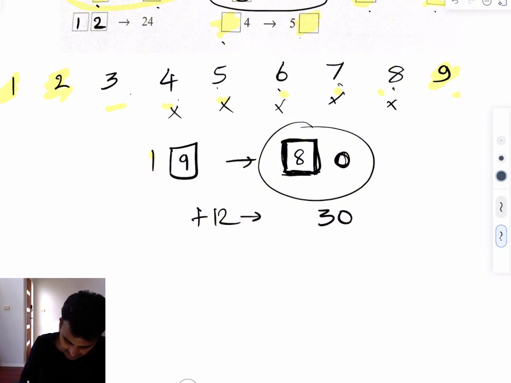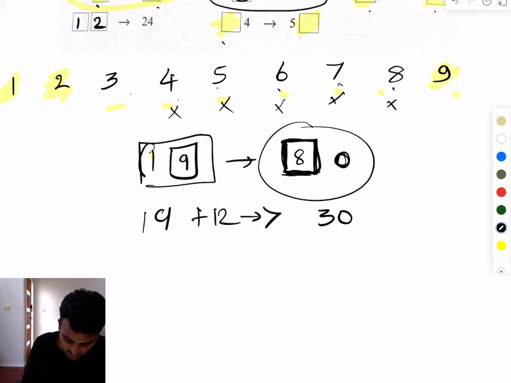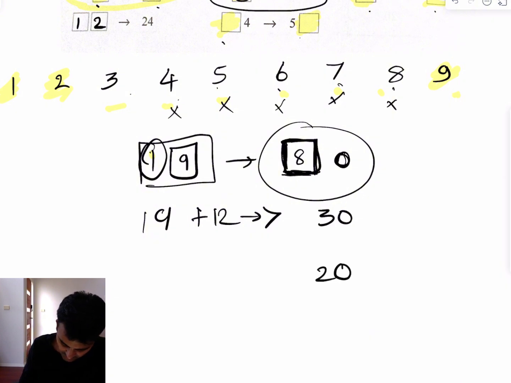So 19 plus 12 is theoretically greater than 30, but a 2-digit number which begins with 1 can reach 30. Theoretically, it can be 20 or it can be 10.